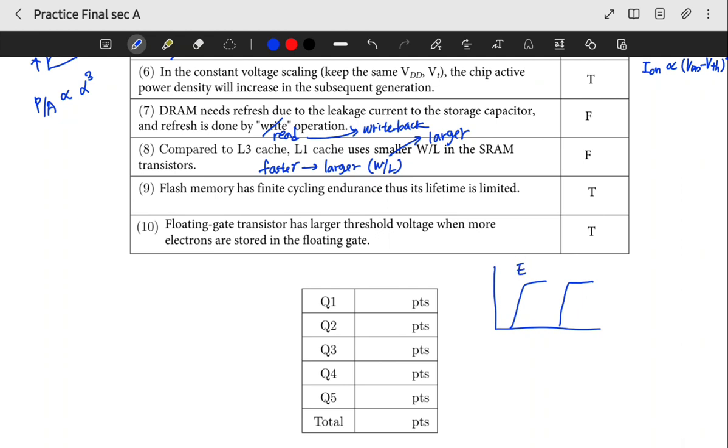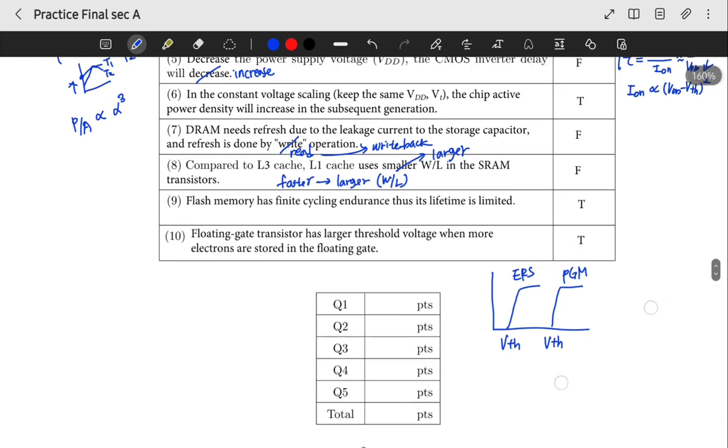This one is erase, and this one is PGM, program, and they have different threshold voltages. It is because when you program, you store electrons inside the gate, and that makes it harder to invert the transistor, which is the same as shifting the threshold voltage. So the answer is true.